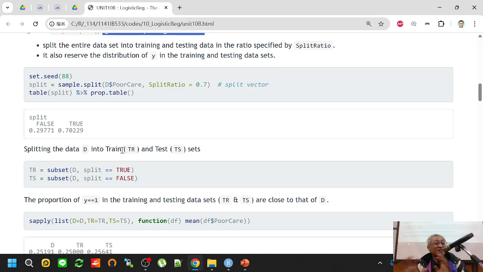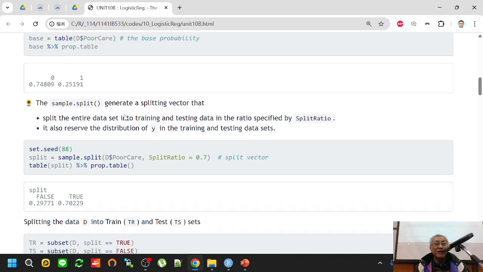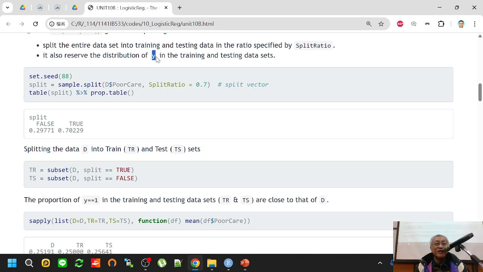You can call this sample split function and specify the splitting ratio of 0.7, so that it returns a vector of true and false. There will be 70% true and 30% false.